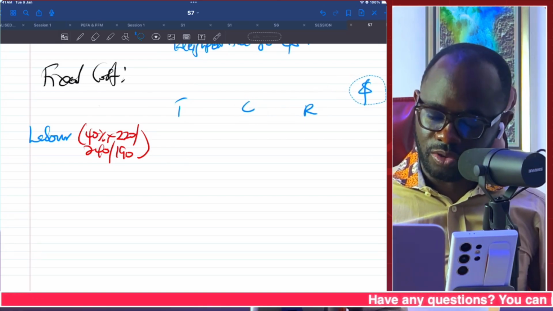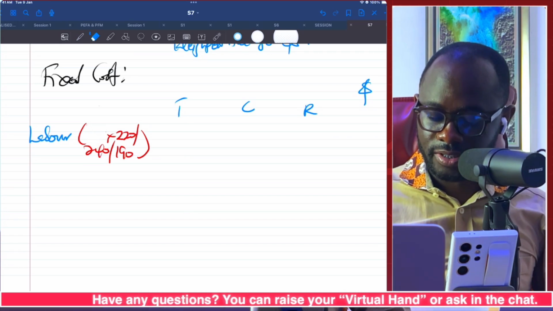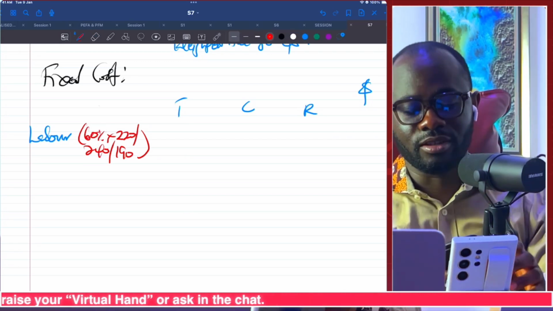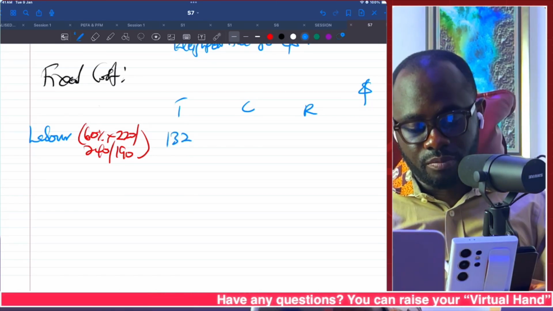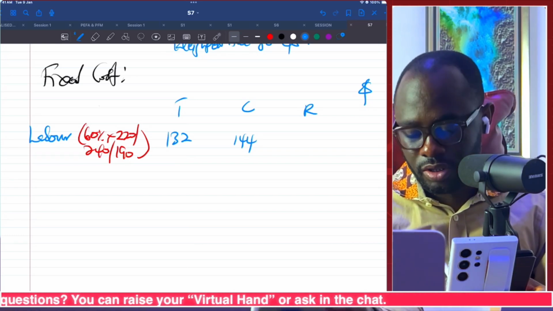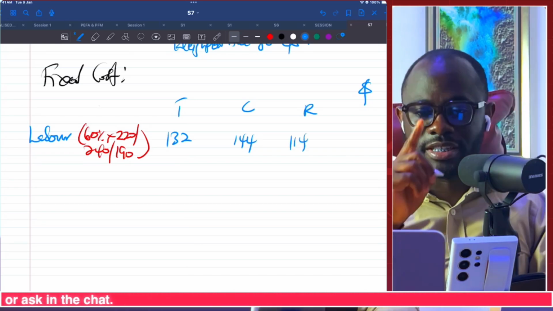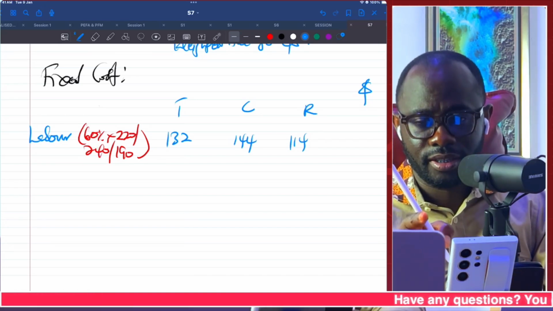I'm still going to have my total column here. So 60% is fixed. So 60% of these respectively, 132, 60% of 240, 144, 60% of 190, 114. So this is the fixed cost of labor per unit.